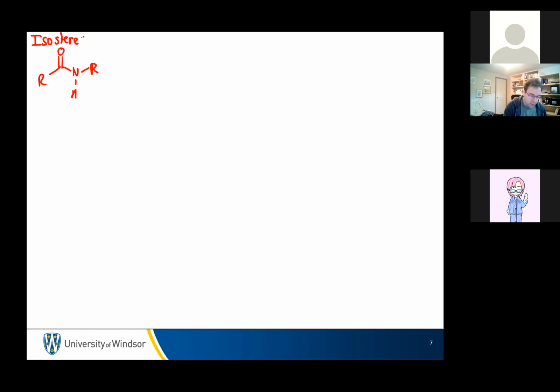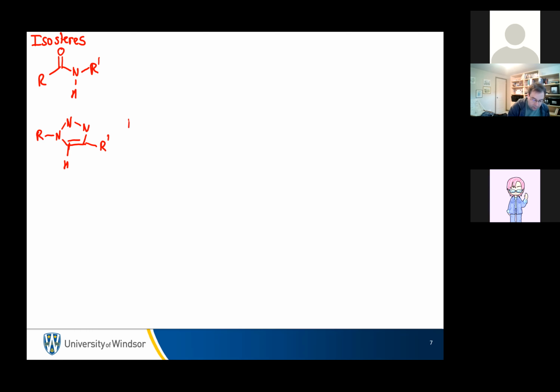So an isostere is isosteric, so something with the same shape. So one that gets used a lot for the peptide bond is this.